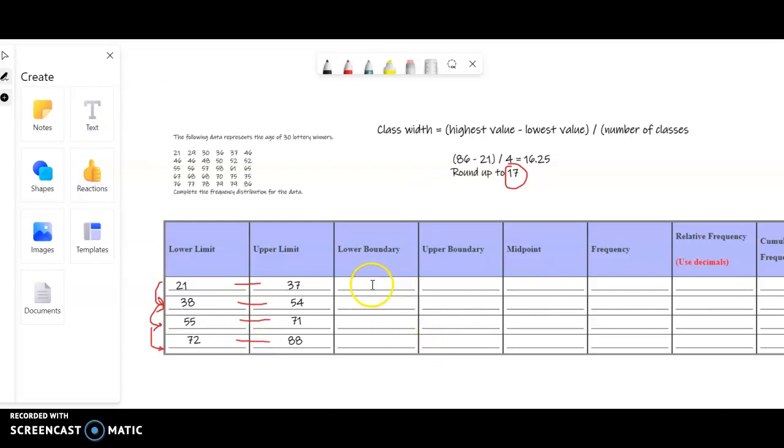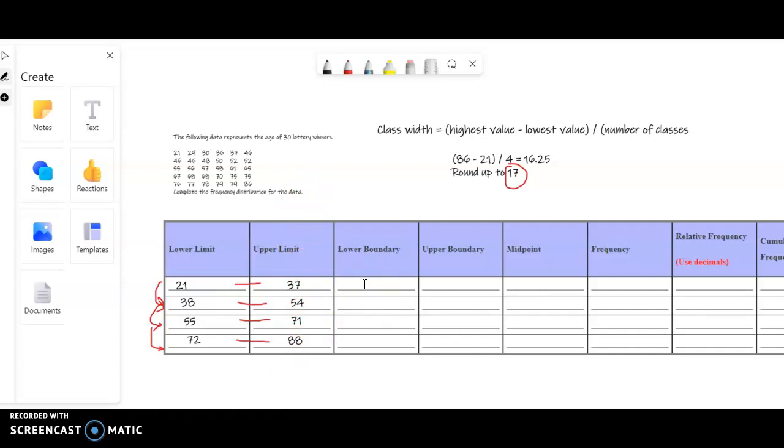For your class boundaries, you're going to kind of worry about decimals. Eventually, we're going to be making a bar chart or a histogram out of this information. And to do that, you want your bars to be touching. And the way to do that is to worry about these decimals. So you're basically going to bump down the lower limits by 0.5, and you're going to bump up the upper limits by 0.5.